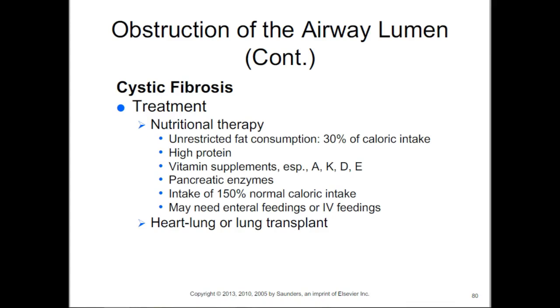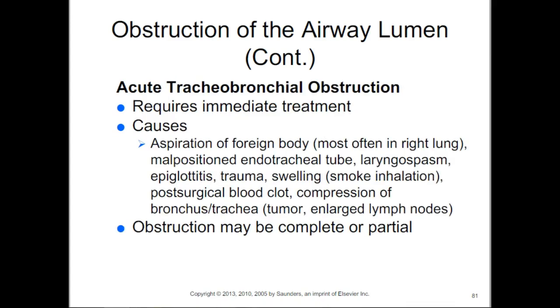Sometimes they might even need exogenous pancreatic enzymes, and so their intake should be about 150% of normal, since they are not going to be able to absorb most food. So you might see even enteral feedings or IV feedings. You might see a heart-lung or even lung transplant in cystic fibrosis patients.